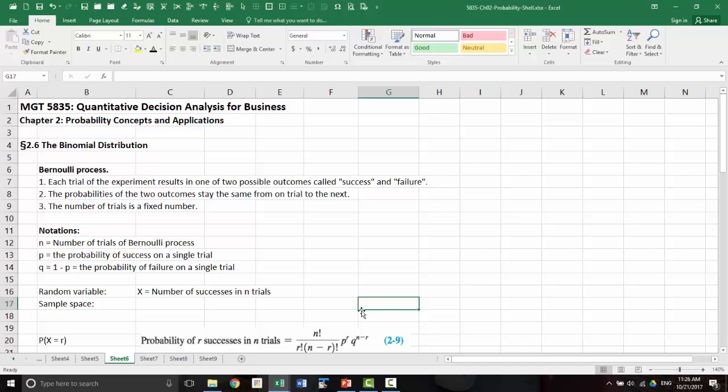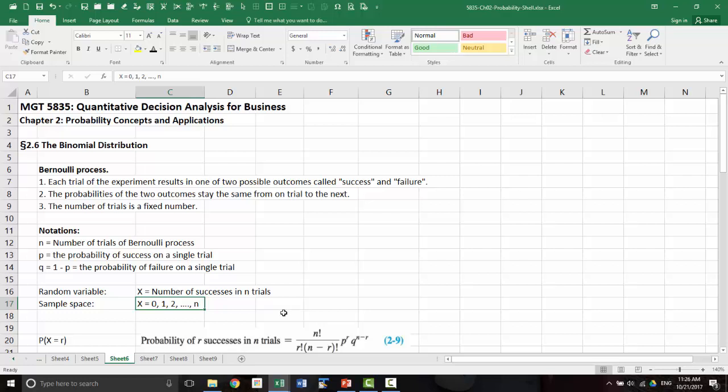So the sample space: if you have n trials, what is the smallest possible value for x, the number of successes in n trials? 0. You may have no success at all. So starting from 0, the next possible value is 1, then 2, all the way up to n. That is our sample space.